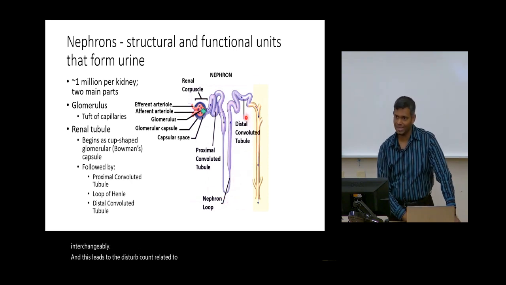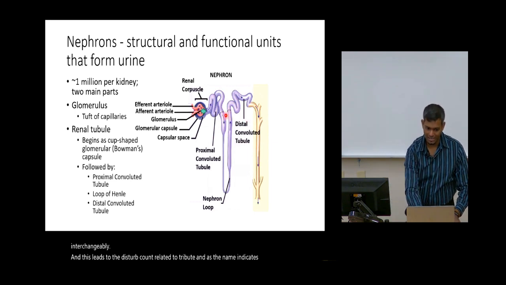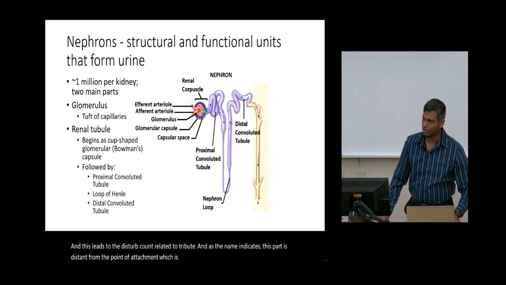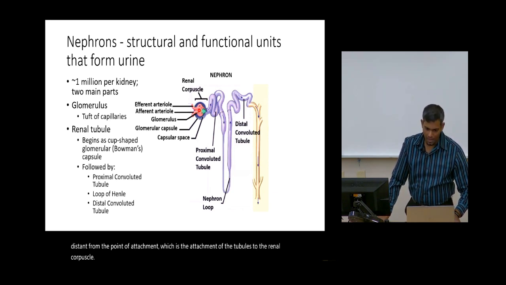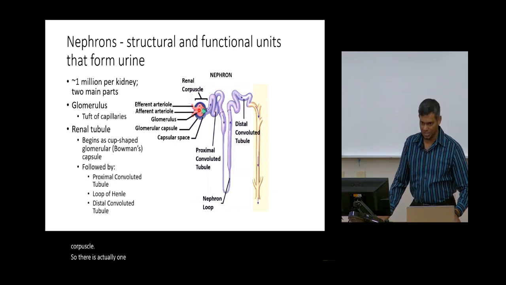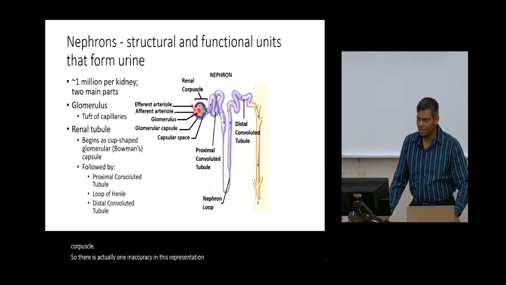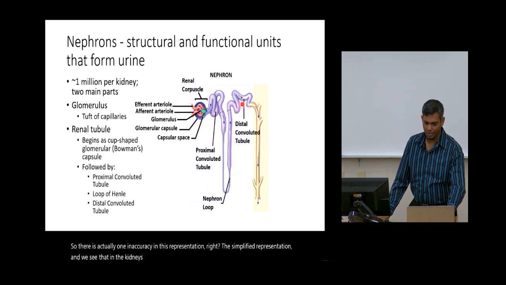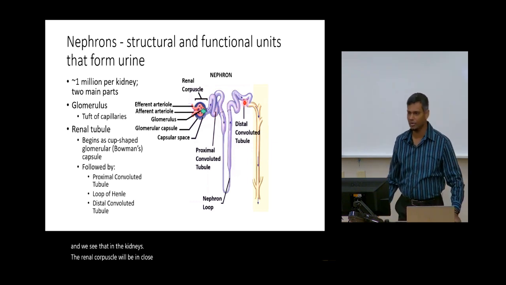And as the name indicates, this part is distant from the point of attachment, which is the attachment of the tubules to the renal corpuscle. So there is actually one inaccuracy in this representation, right? This is a simplified representation, and we see that in the kidneys, the renal corpuscle will be in close contact with the distal convoluted tubule.